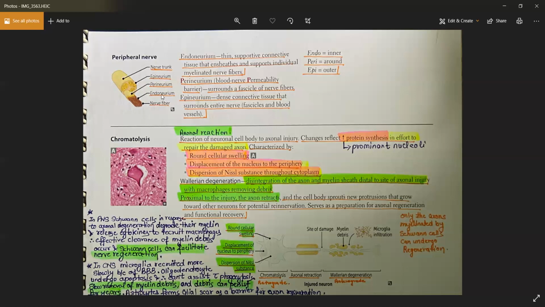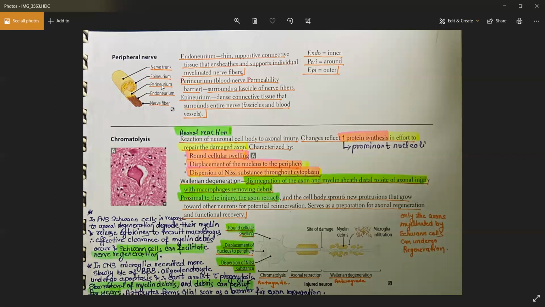So you have the nerve fiber, which is a single cell. Multiple nerve fibers are surrounded by the endoneurium, as you can see. Then a bunch of these nerve fibers, the multiple endoneurium, are surrounded by the epineurium. Sorry, I said it wrong.